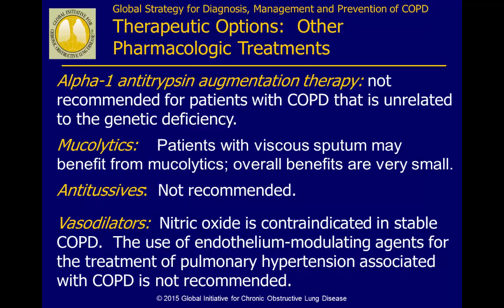In addition, you should add mucolytic therapy, because remember they have as an underlying abundant sputum production. Antitussive therapy is not recommended because remember these patients need to expectorate. In addition, you could use vasodilator therapy such as nitric oxide, but it is only indicated in acute exacerbation, not in patients that are stable.